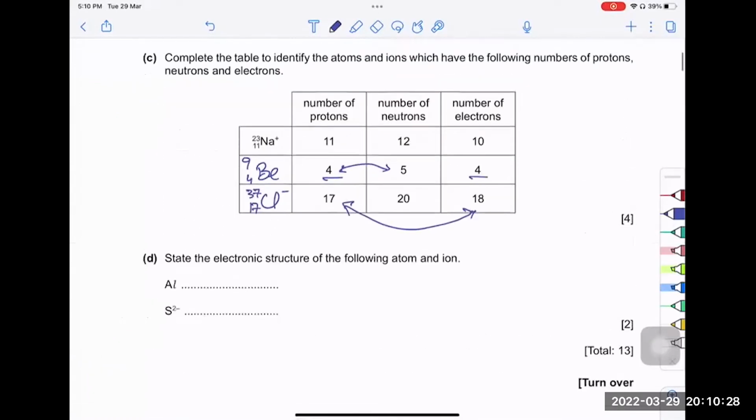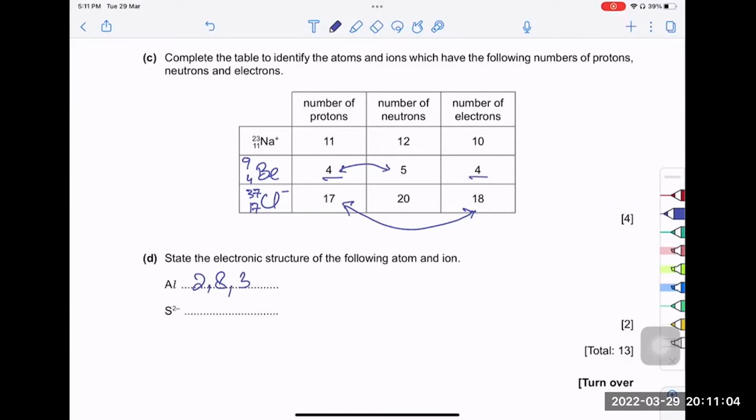Okay. State the electronic structure of the following atom and ion. So look in the periodic table. Where's aluminium? Aluminium has what? 13, sorry. So 2, 8, 3. And sulfide. So sulfide 2 negative. That means I have to write configuration if I move 2 steps forward because it is 2 negative. So in the periodic table, there's sulfur, then chlorine, then argon.